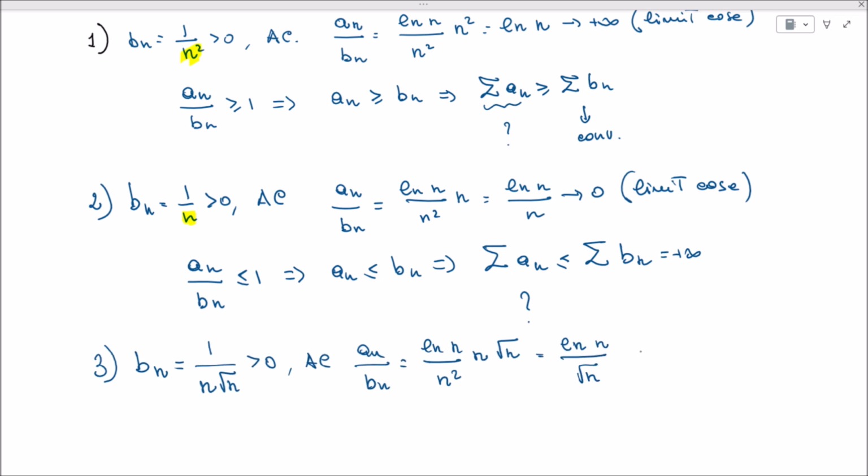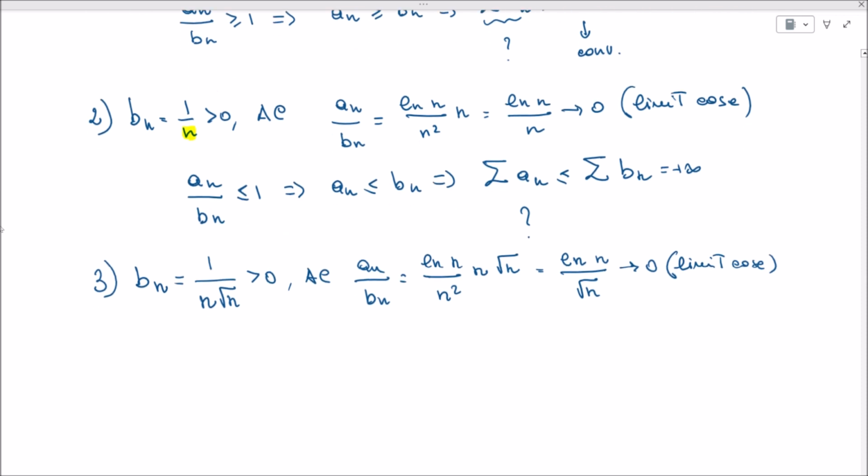Well, but this, of course, will go to 0. So we are back in one of the limit cases, okay? And so again, we can say that definitively an over bn will be less than or equal to 1, which implies that an will be less than or equal to bn, which implies that the partial sums of an will be less than or equal to the partial sums of bn.